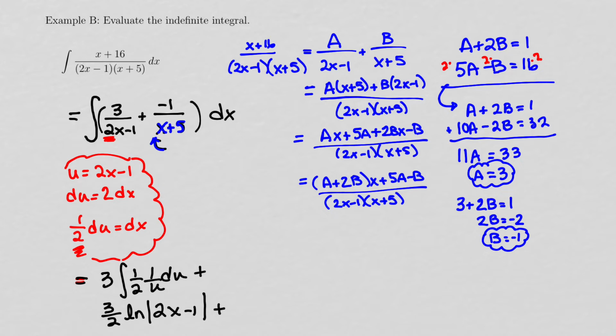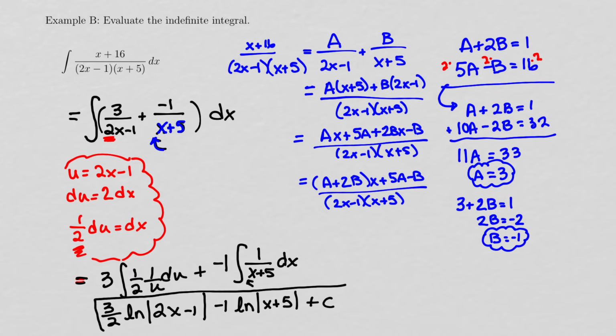We don't have to worry about anything funky, but what I do need to worry about is the fact there's a negative 1 on top. So when I take the antiderivative of 1 over x + 5, that's a straight up u substitution, but because there's a 1 in front, I don't necessarily have to do the u substitution.